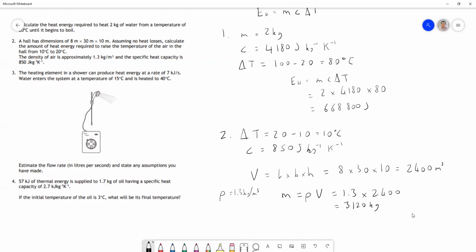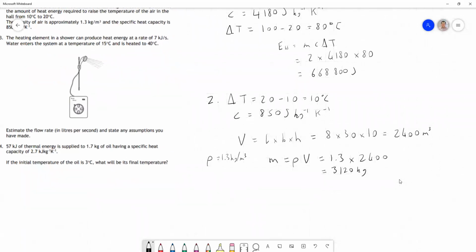So we now have a value for M that we can use, which helps us greatly, because we now have the three things we need to work out the energy. We have M, C, and delta T. So we can now write the heat energy required to heat this hull by 10 degrees is going to be MC delta T. It's going to be equal to 3,120 times 850, which are given in the question, multiplied by 10, which we're told the increase in temperature is.